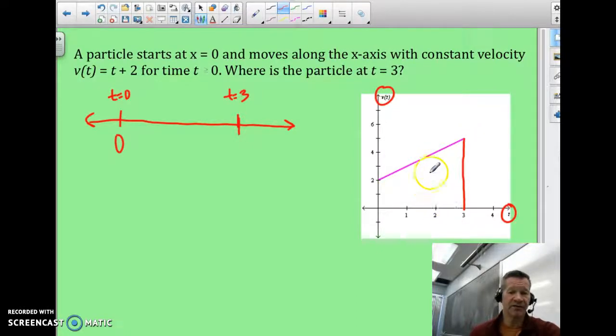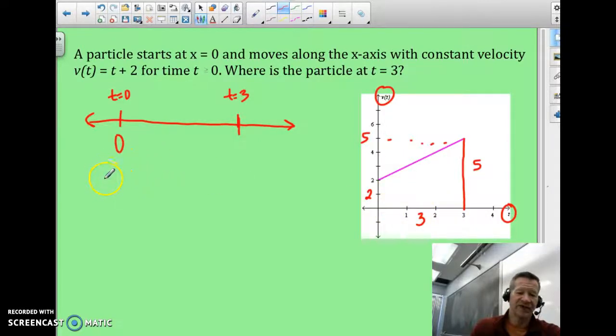Now this isn't a rectangle this time. This time we have a trapezoid. These two sides are parallel and the distance between them is considered the height. This is 2 units long, whereas this, if I plug 3 into the function, 3 plus 2 is 5, so the velocity is 5, and this height, the distance between the bases, would be 3 hours.